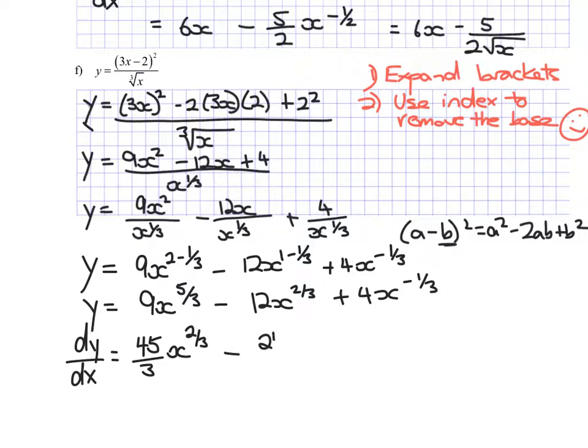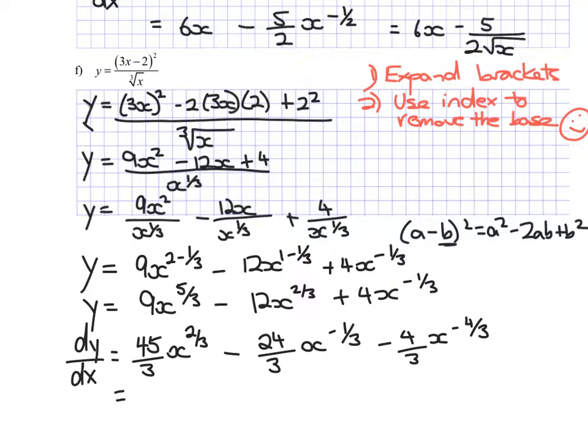Multiply down 24 on 3, x to the 2 on 3, take 3 on 3 is negative a third. And then multiply down, I'm going to get negative 4 on 3 times x to the negative 4 on 3, because negative a third, take 3 on 3, take 1 is negative 4 on 3.